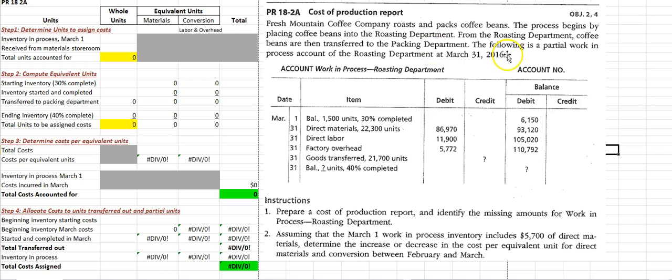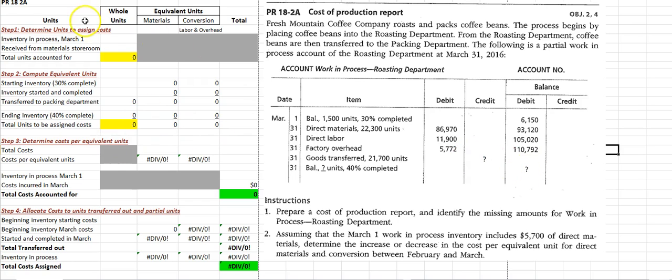Okay, it says the following is a partial work in process account of the roasting department for March 31, 2016. And we're going to use this to analyze the information and to try to understand how to complete this cost of production report. Okay, so it says prepare a cost of production report and identify the missing amounts of work in process. So we're going to identify these amounts.